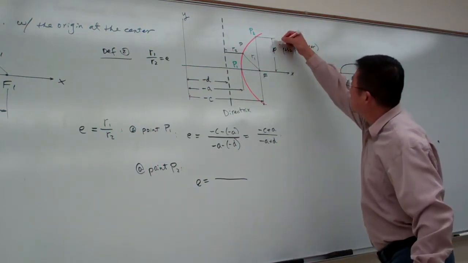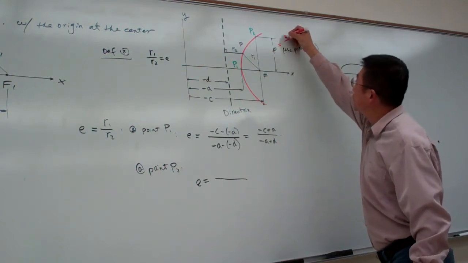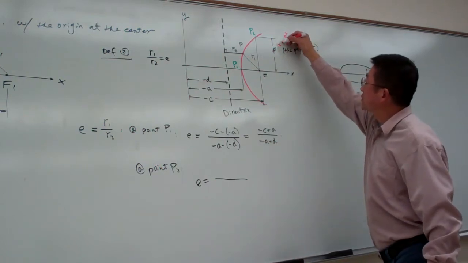The p earlier for the ellipse is b squared divided by a, but here everything is intrinsically negative, so here we put a minus.